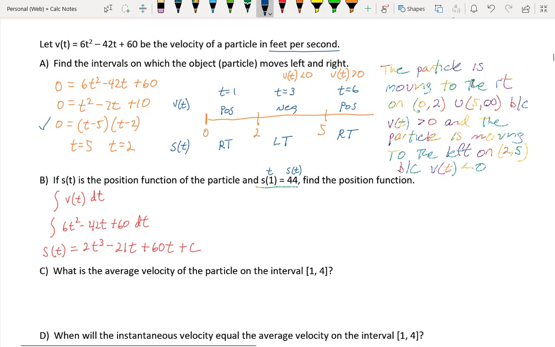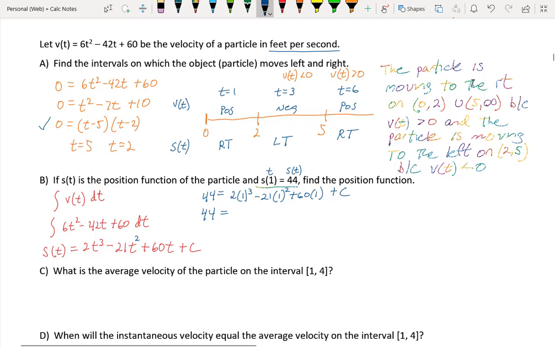So here we go. s of t is 44 equals 2 times 1 cubed minus 21 times 1 plus 60 times 1. Oops, I forgot my squared on that t right there, so that should be 21 times 1 squared. Hopefully you caught that earlier, but hey, we caught it now, right? 60 times 1 plus c. All right, add it all up. 44 equals, this is going to be 2, take away 21, which is going to be negative 19.